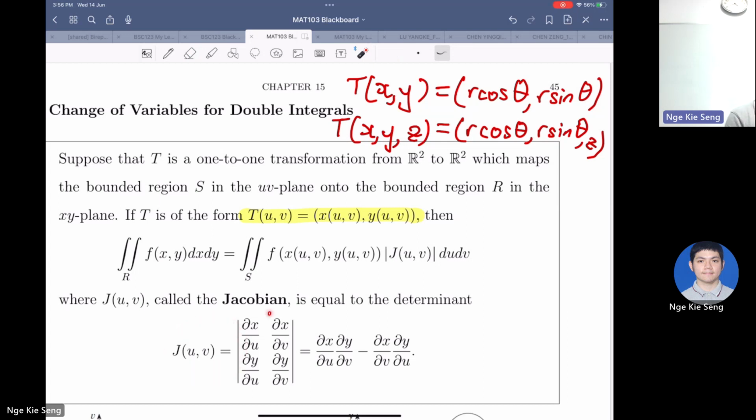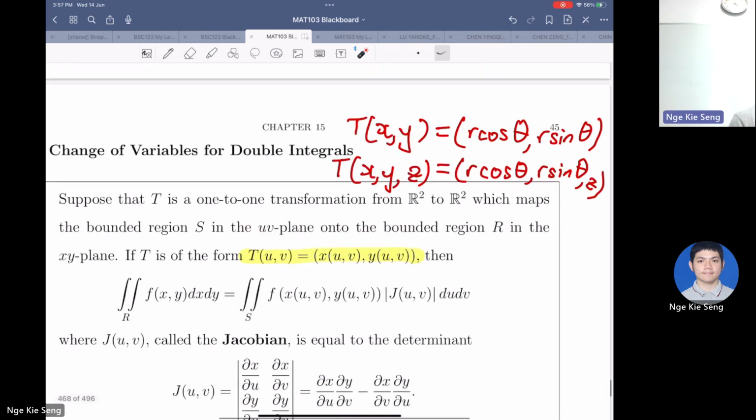You need to consider all the possible partial derivatives. For example, you have two variables on one side and two variables on the other side.